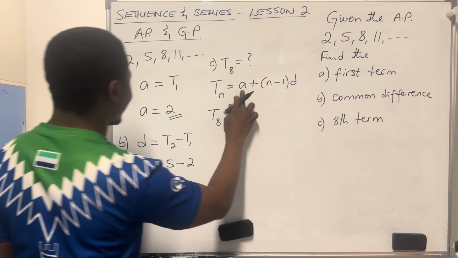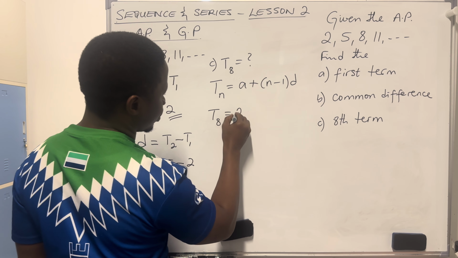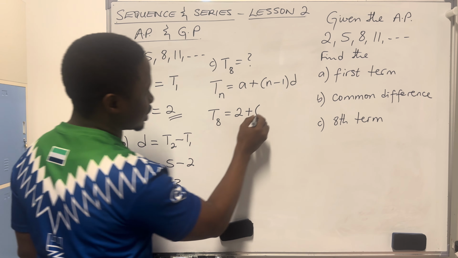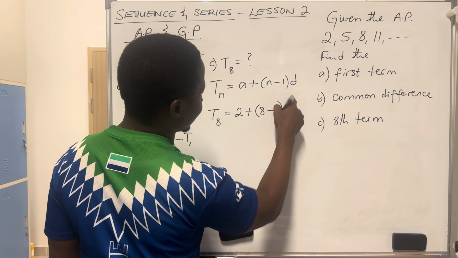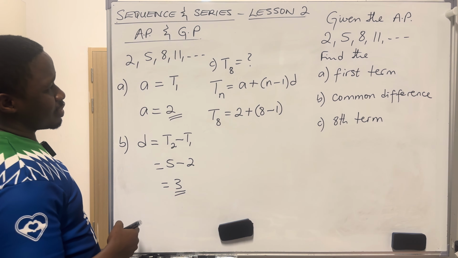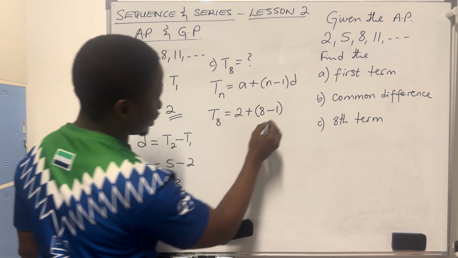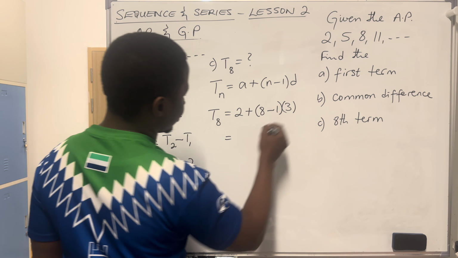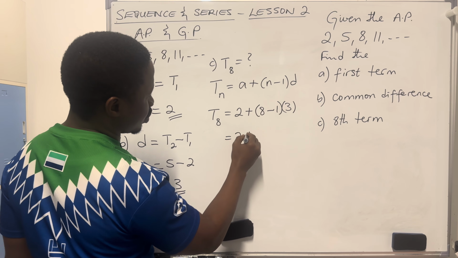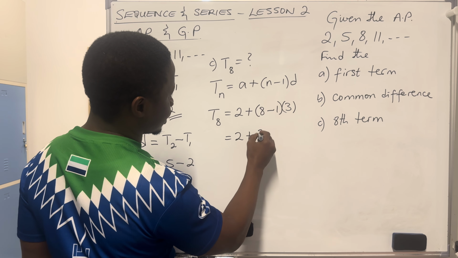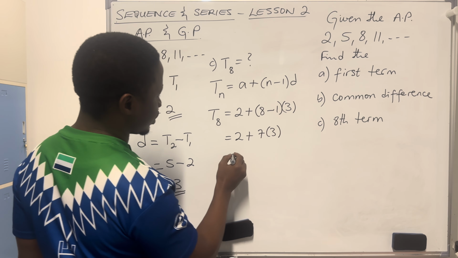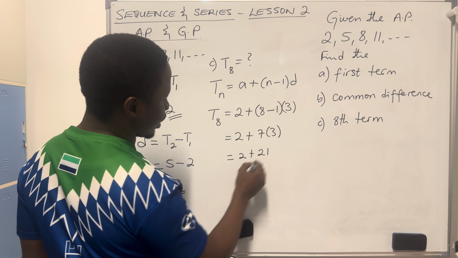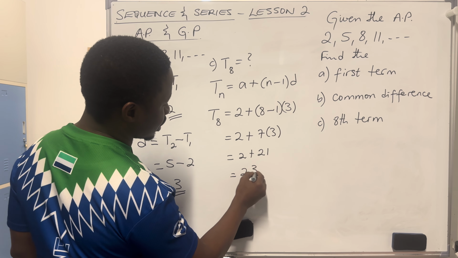A is the first term. What is the first term? It is 2. n is the number of terms, that is 8 minus 1. What about D? The common difference is 3. So this is 2 plus, 8 minus 1 is 7, times 3. 2 plus 7 times 3, which is 21, gives 23.